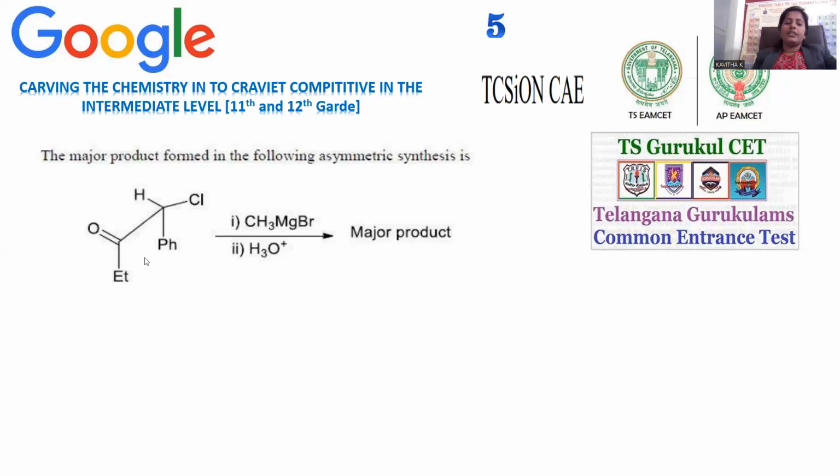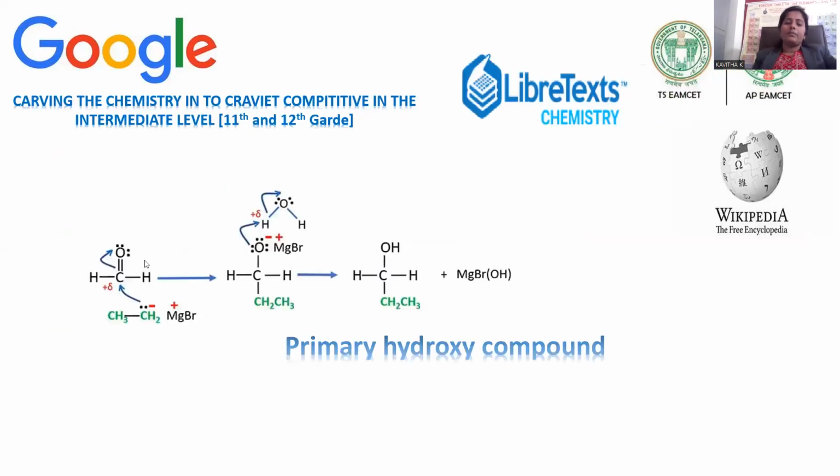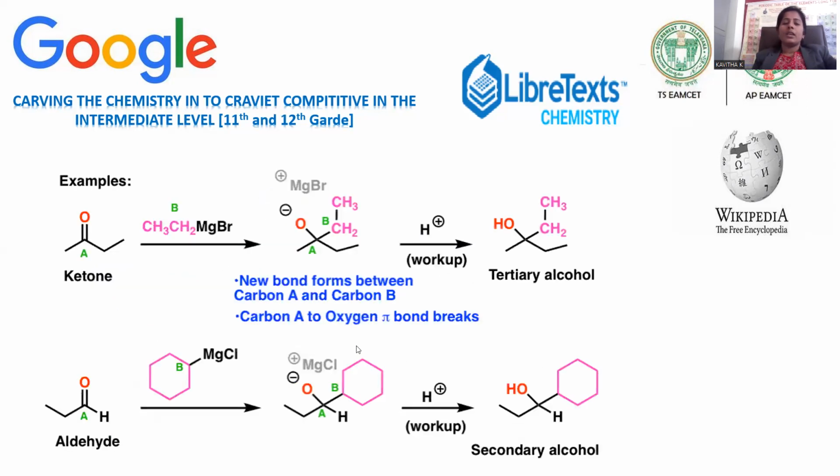And here the condition for carbonyl compounds to react with Grignard reagent is, in order to receive primary hydroxy compounds, the starting material is formaldehyde. Formaldehyde stands for HCHO. Whenever HCHO is treated with the Grignard reagent, whatever compound is obtained is a primary hydroxy.